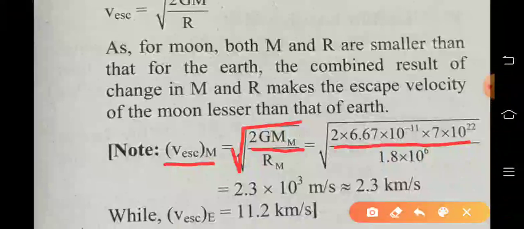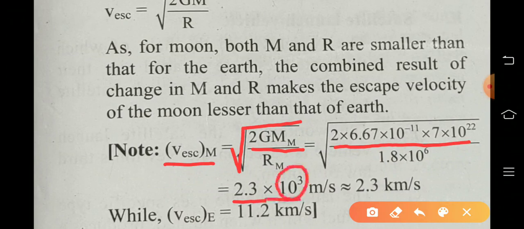So after calculation and taking the square root, we are getting the value 2.3 into 10 raised to 3 meter per second, and 10 raised to 3 means nothing but 1000. So meter is converted into kilometer. 1000 meter means 1 kilometer. So our answer is 2.3 kilometer per second.